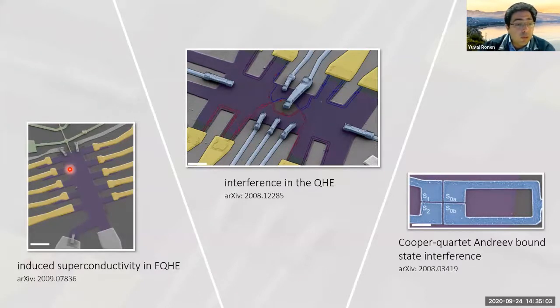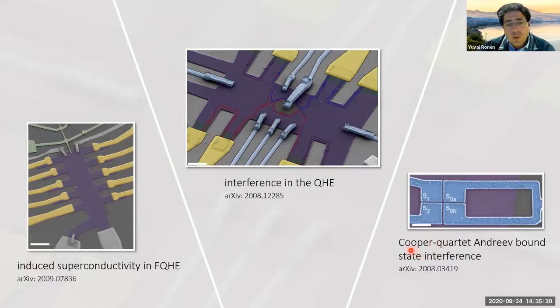Both of these effects have been here for 40 years, and nobody was able to merge them. In van der Waals, it's actually possible. And besides merging these two effects, there are also new kinds of quasi-particles, non-abelian quasi-particles called parafermions, which I'm going to describe, that emerge in these kinds of structures.